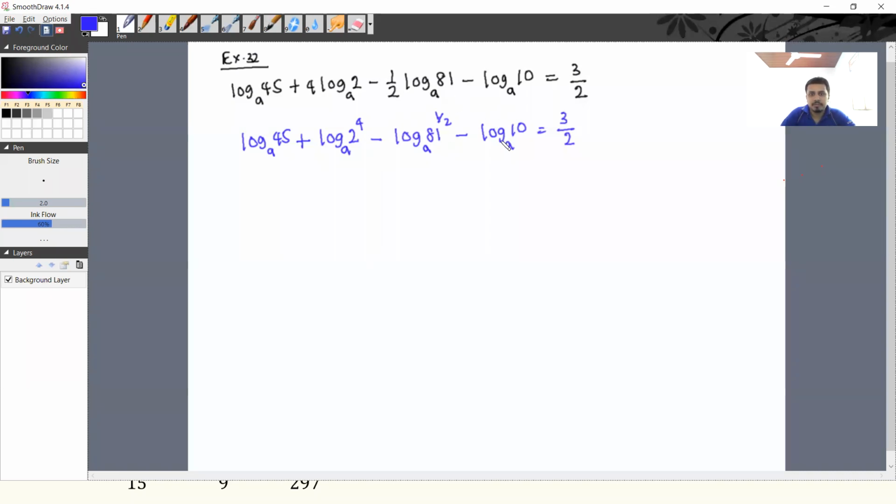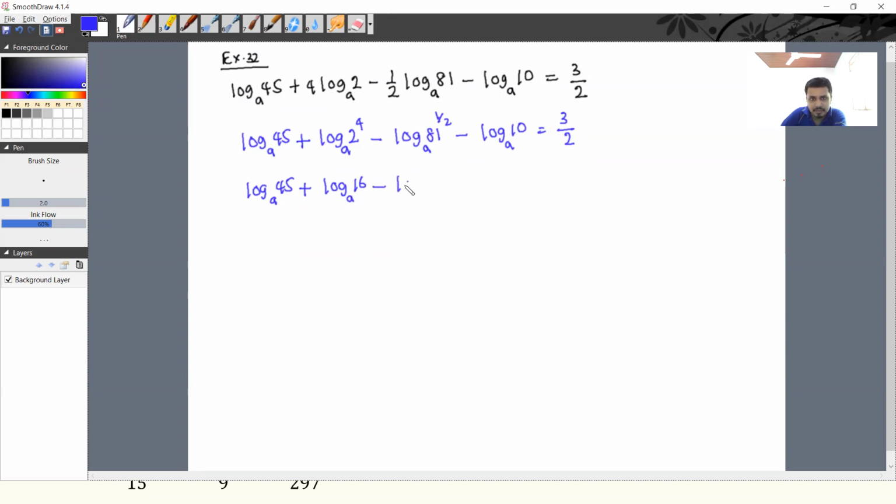Right. We'll simplify this one. Log of 45 to the base a plus, 2 to the power 4 means 2 into 2, 4, 4 into 2, 8, 8 into 2, 16. That should be log of 16 to the base a.